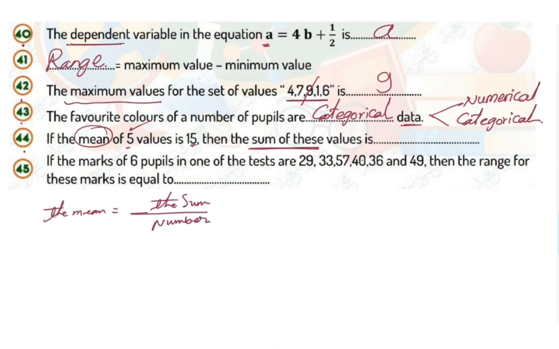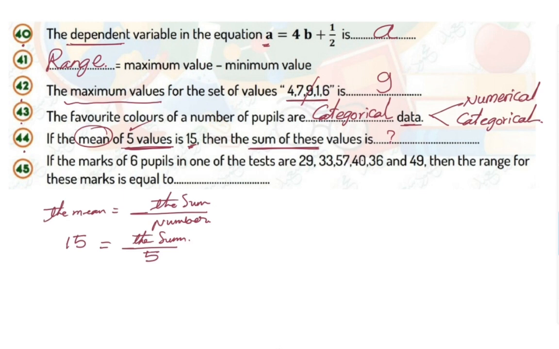The mean now is 15 equals the sum over 5. Do you know the sum? No, the sum is unknown.